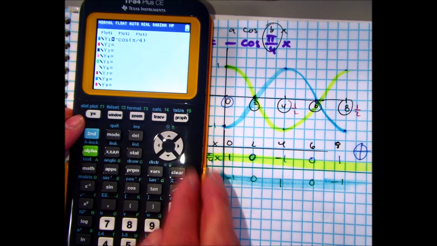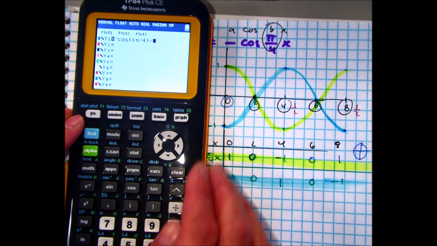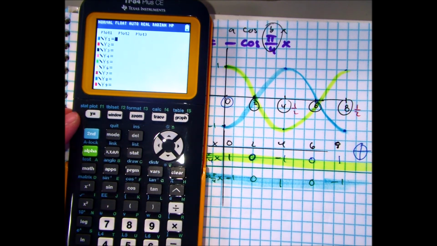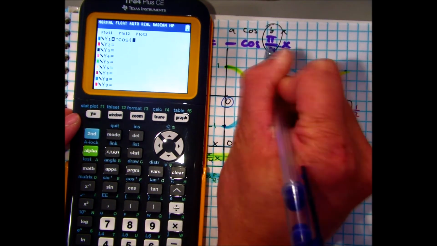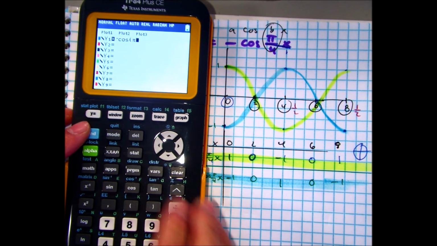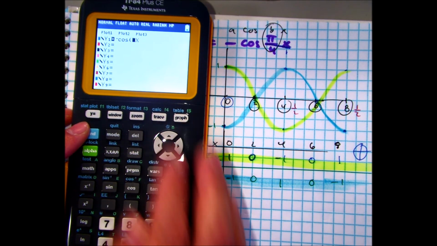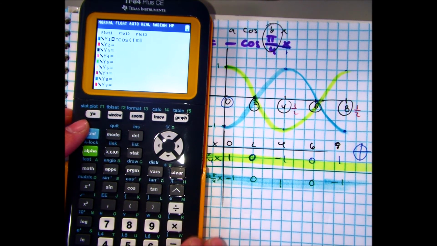Second insert parentheses. Let's try that again. Negative cosine. You can also have this as pi times x. Let's do an extra parentheses just in case. x divided by 4.